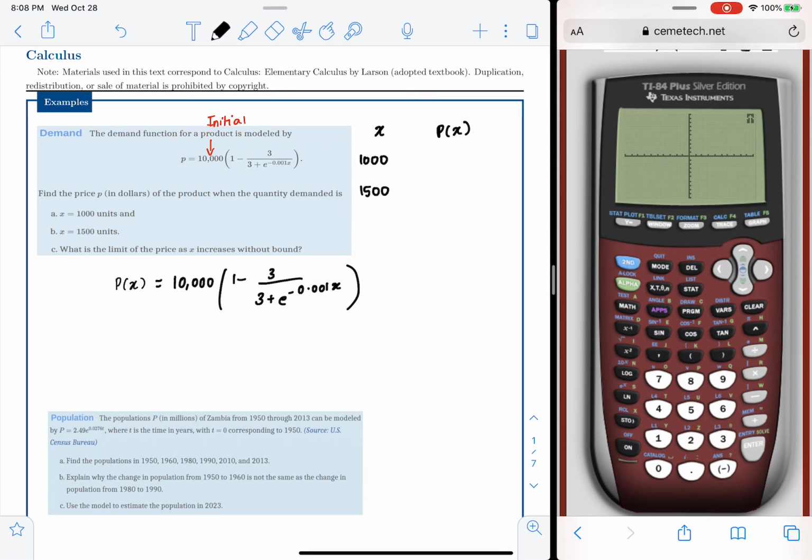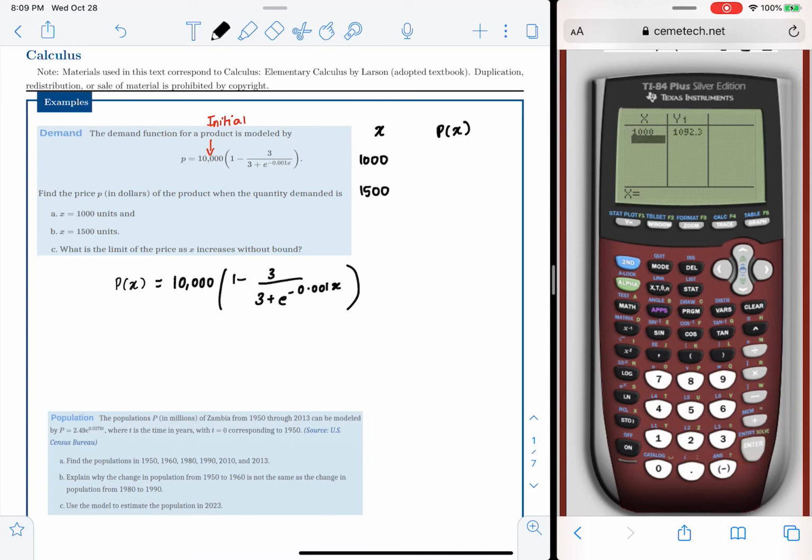So second window, I'd simply say the independent variable x to be asked, and that's all the setting that we have to do. And now press second graph to get a table.